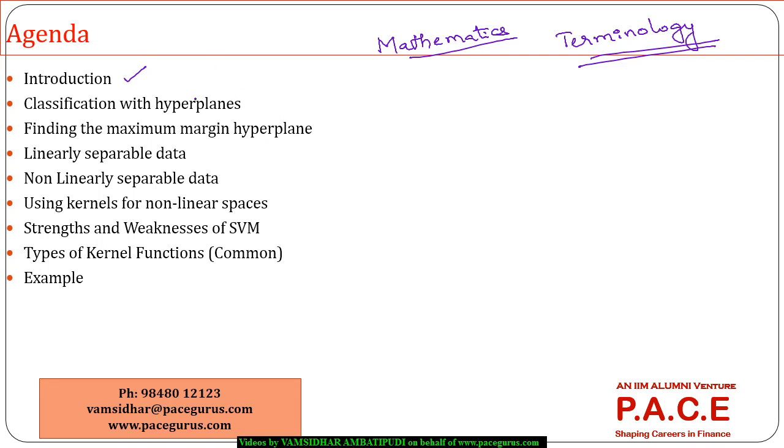Here we use a terminology called hyperplane. How does this classification of the data occur with the help of hyperplanes? I can use this both for classification purposes as well as for numerical prediction purposes. We can see how this grouping occurs with respect to a hyperplane.